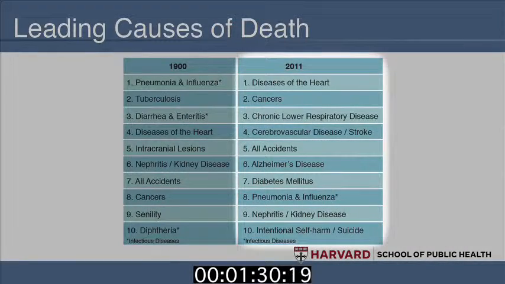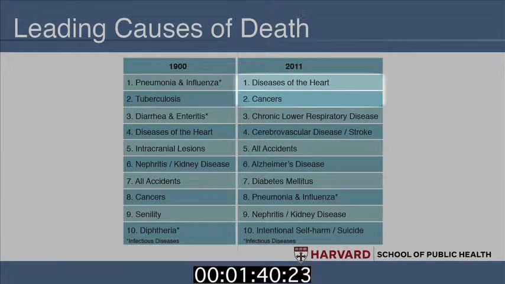But we have moved in this century to a new era, and it's the era where the leading causes of death are chronic diseases, non-infectious diseases. And so sometimes we refer to them as NCDs, non-communicable diseases, things like heart attacks and strokes and cancer. Those are the biggest ones, and there are others as well, as you can see from this list.